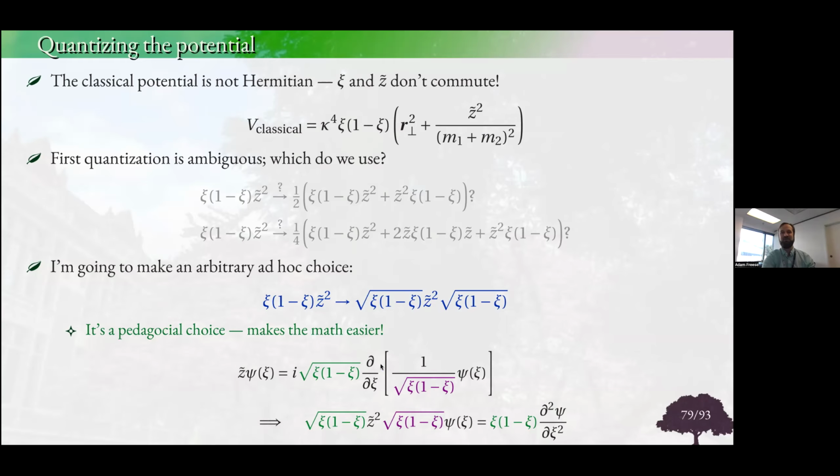And the square root of xi times 1 minus xi here on the outside gets multiplied by the thing inside of the Miller-Brodsky variable, and you just get a xi times 1 minus xi times second derivative of your wave function by having this quantity act on your wave function. So it just makes the math easier. You'll get very similar results if you use these other operators. Not exactly the same, but you'll actually get the same energy spectrum for some reason that I don't fully understand.